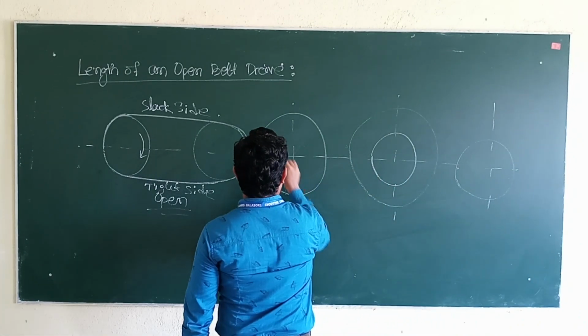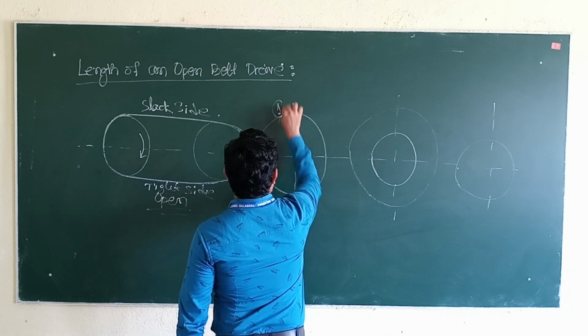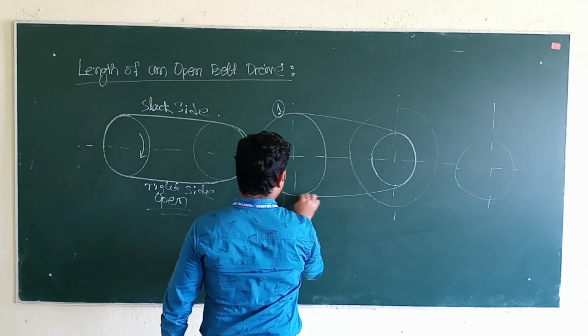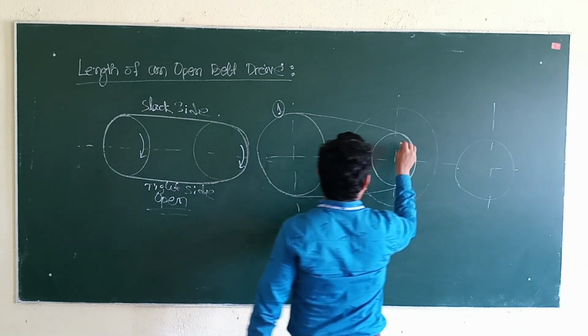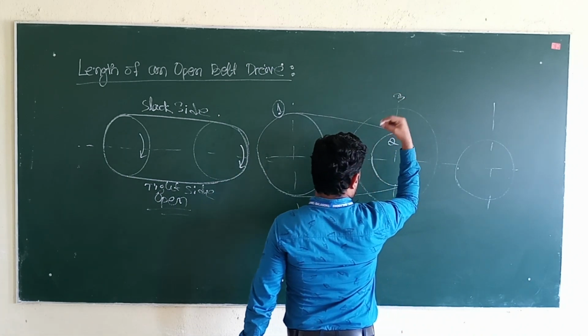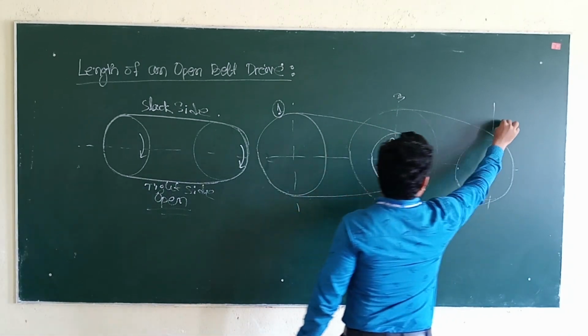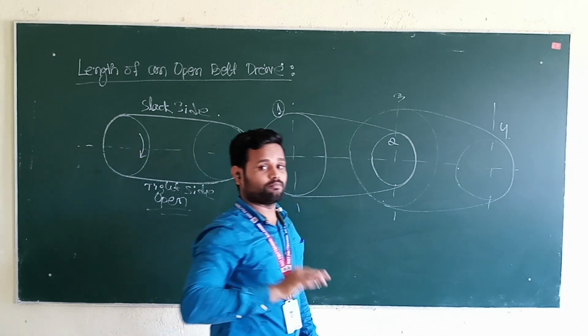Here, from pulley 1, the power is transmitted to pulley 2. It is an open belt drive. Then power from pulley 3 is transmitted to pulley 4. So in this case we can say compound belt drive.